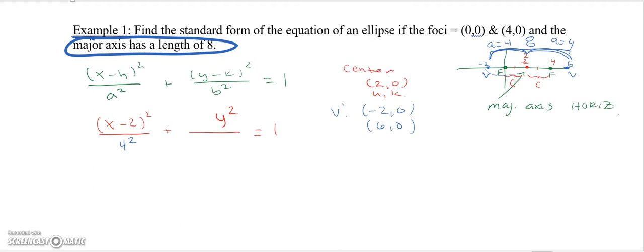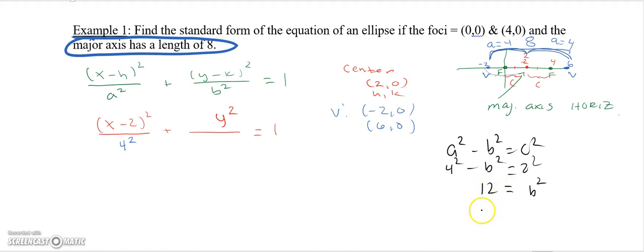That's where we're going to use that formula, a squared minus b squared equals c squared. And I'm going to plug in a squared is 4 squared. I don't know my b squared, but my c was the distance to the foci from the center, which is 2, so it's 2 squared. So I'm going to add b squared over here. I have 16, and I'm going to subtract 4, so I get 12.